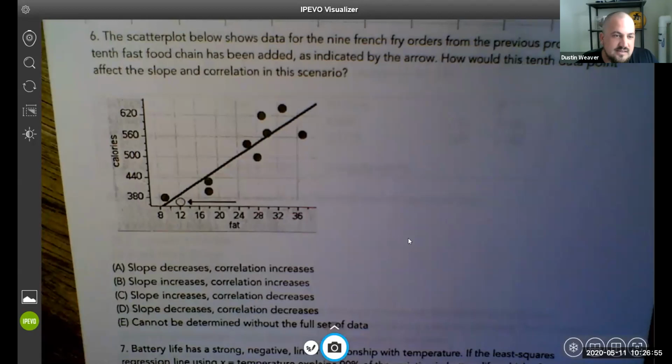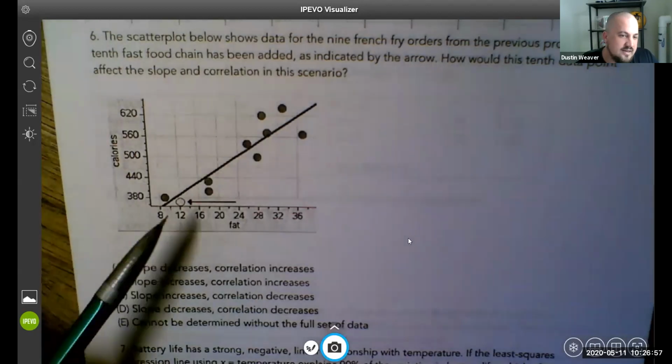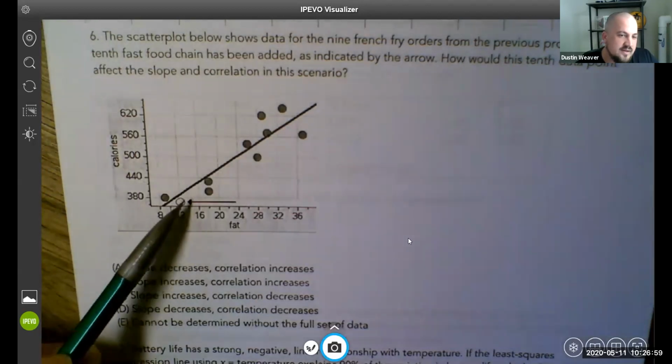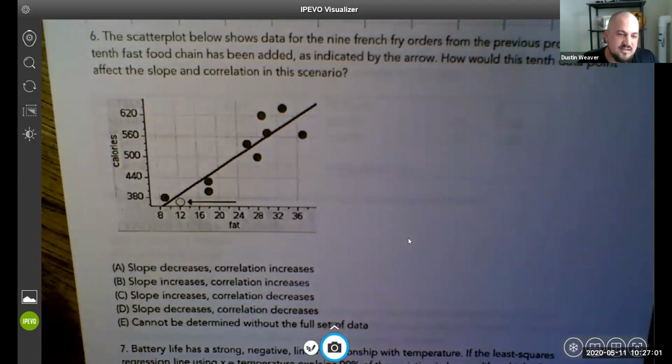How does this point affect the slope and the correlation? So how would that point affect the slope, and how would that point affect the correlation? What do you think?